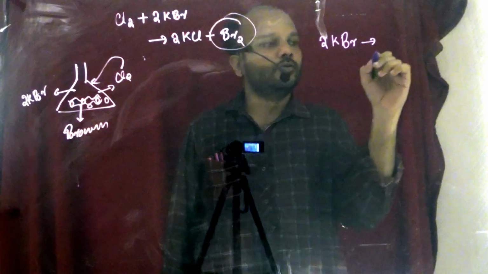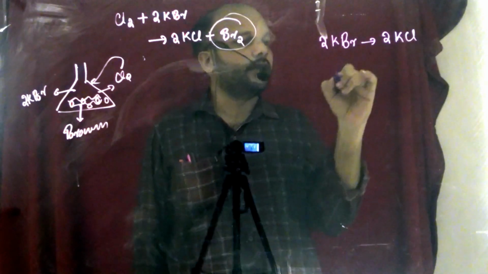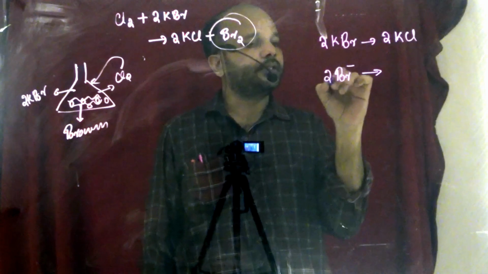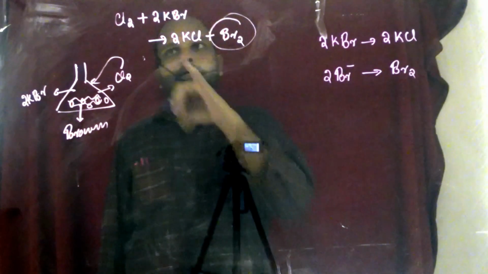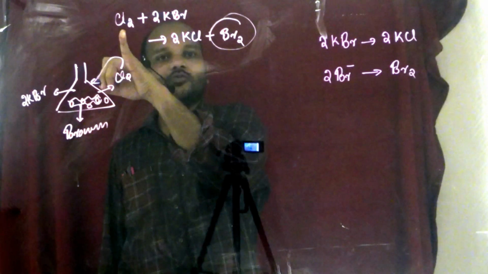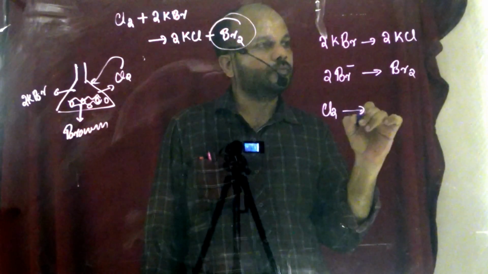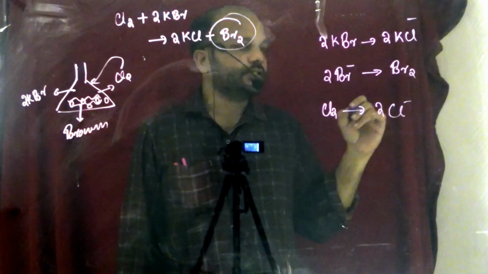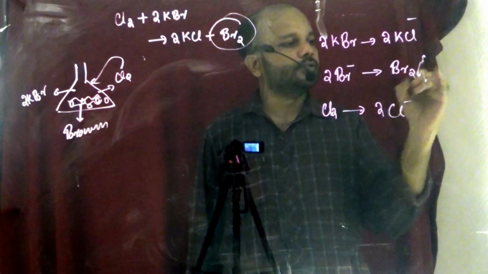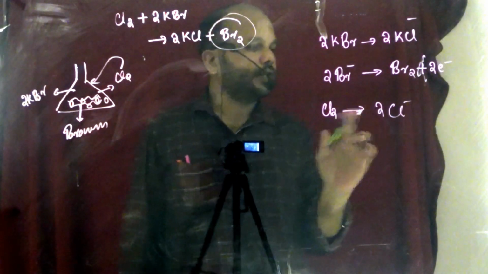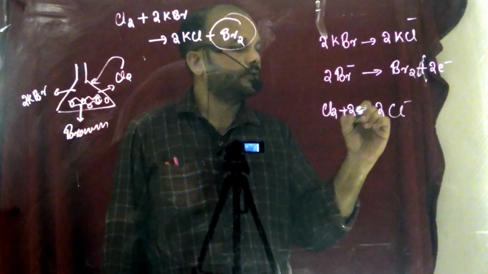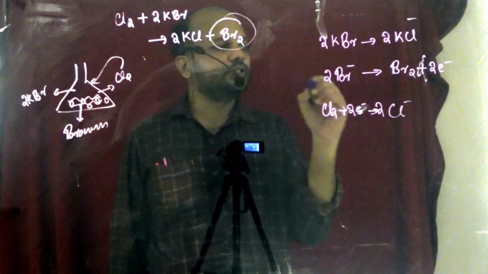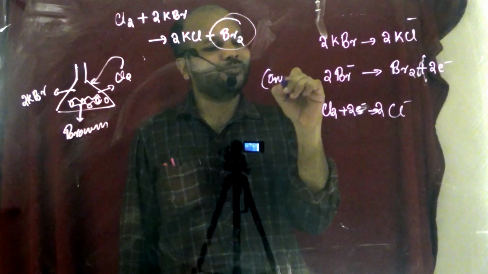Potassium bromide is getting converted to 2KCl. So 2Br- is getting converted to Br2, and Cl2 is getting converted to 2Cl-. The bromide is losing 2 electrons, so I will write it properly: Cl2 plus 2 electrons gives 2Cl-. Here Br- has lost electrons, so this is going to be oxidation.